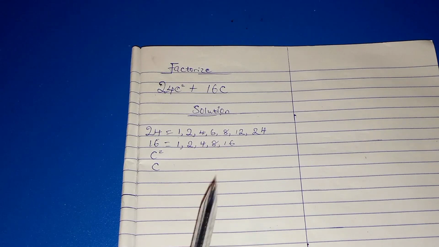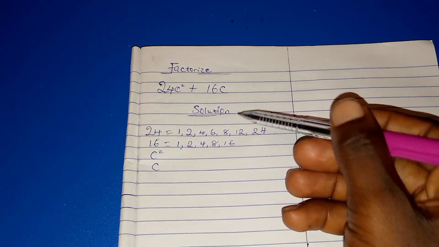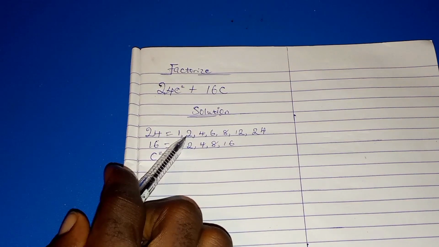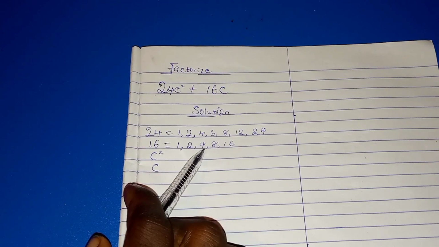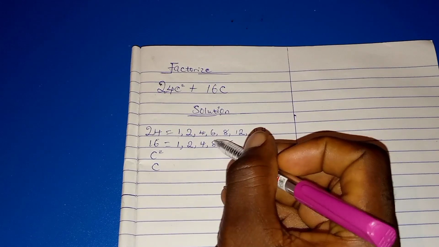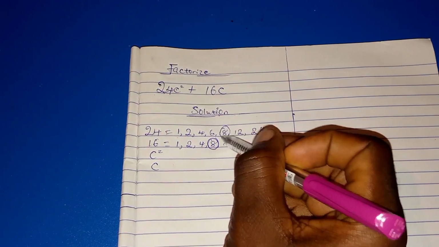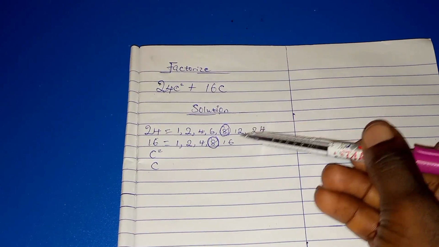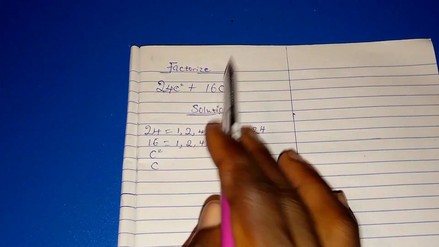Now, what are the common factors? 24 has 2, 16 has 2. 24 has 4, 16 has 4. 24 has 8, 16 has 8. The highest of their common factors is 8, the identical factor found in both values. So 8 is the highest common factor of 24 and 16.